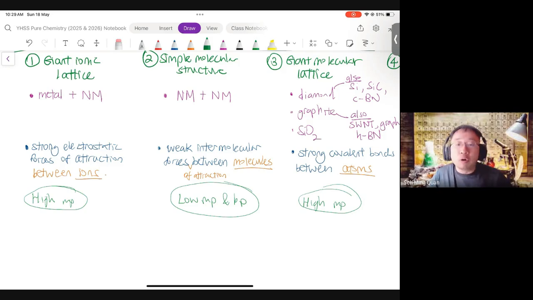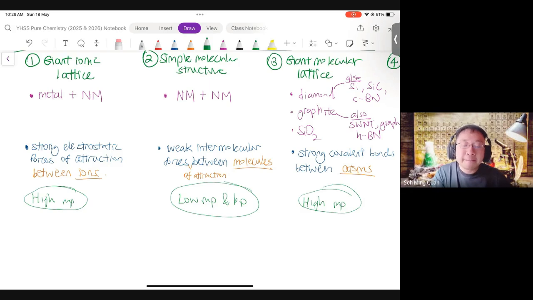Now, how low is low, how high is high? Yesterday we said high generally means more than 500 degrees Celsius. So if something only has a melting point of 100 or 200 degrees Celsius, it will be considered simple molecular unless the question provided you with additional information to read. So reading the question is very important. There are always exceptions.